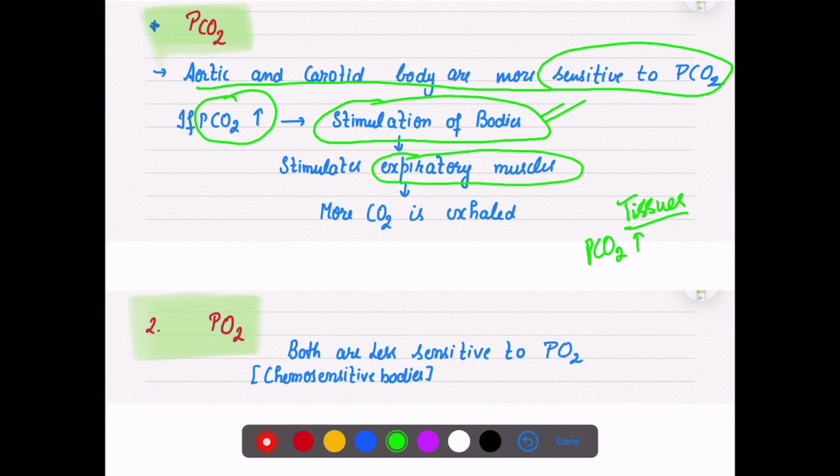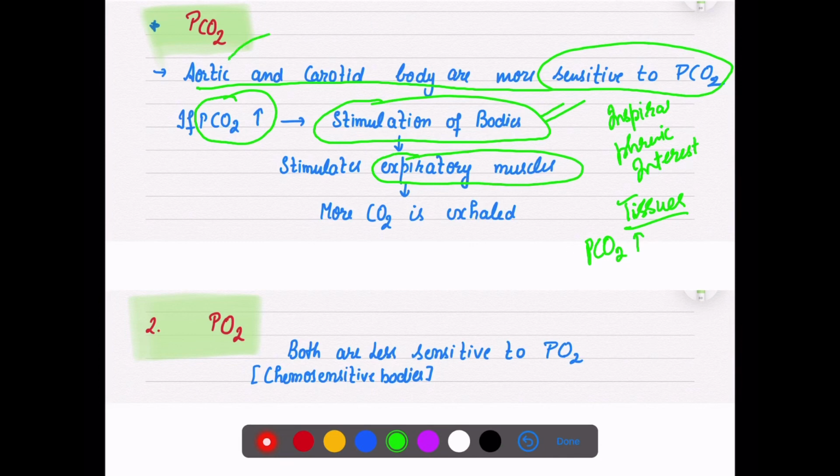Now do you know what the expiratory muscle is? Yes, you definitely know. What happened during inspiration? Which muscles did we talk about? We said that the phrenic, diaphragm, or intercostal muscles contract, but during expiration they relax. So who is taking care of them?